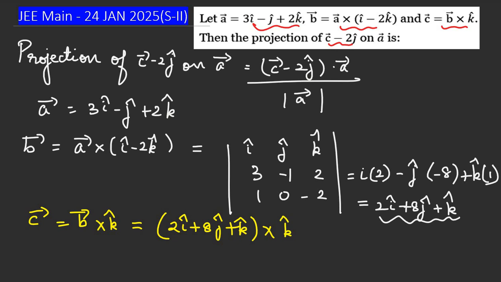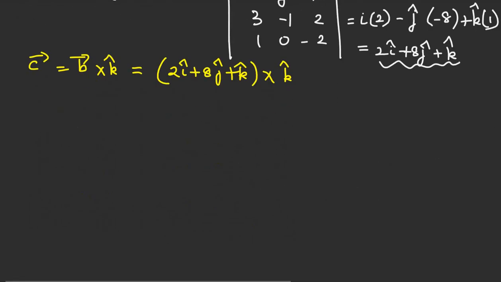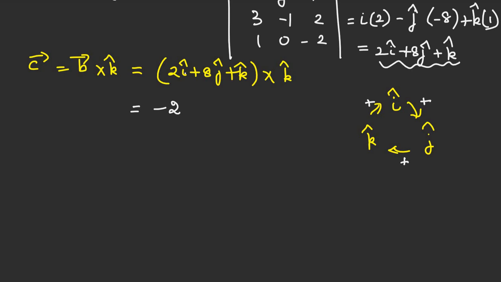Taking I, j, k in the cyclic order, we know that i cross j will be positive, j cross k will be positive, and k cross i will be positive. So taking the cross product, i cross k will be equal to −j, so 2 times i cross k gives −2j. The direction is reversed here, and therefore we give a minus sign.